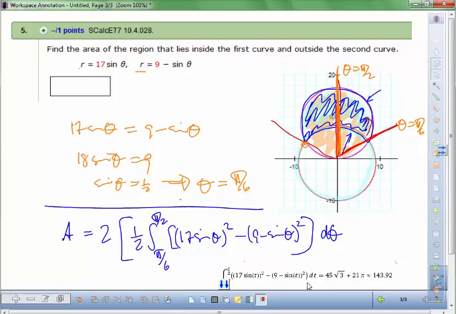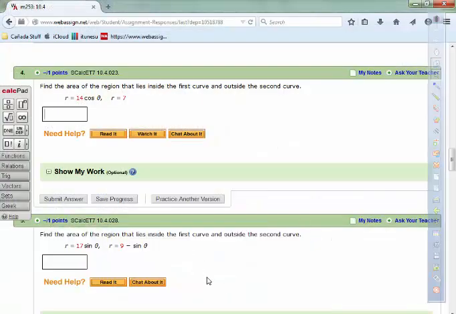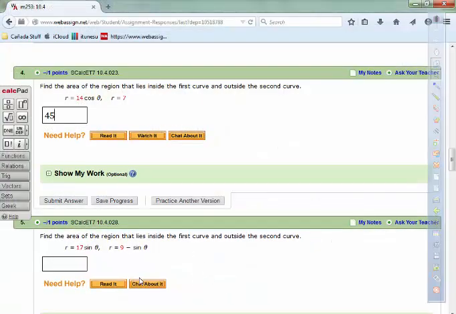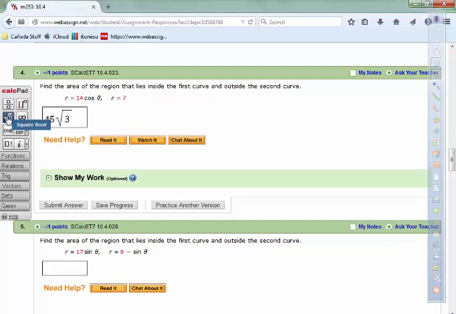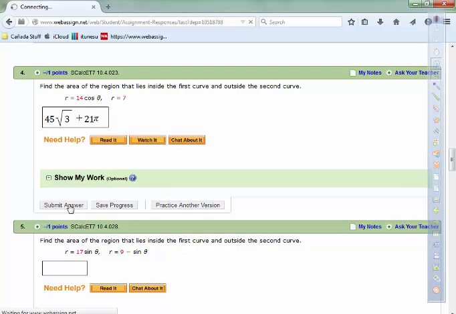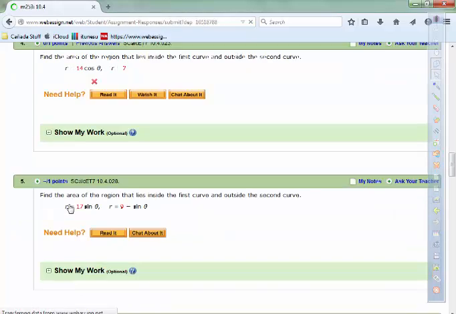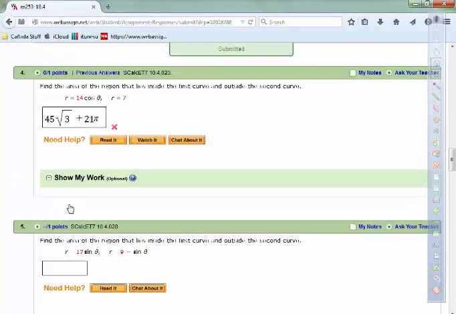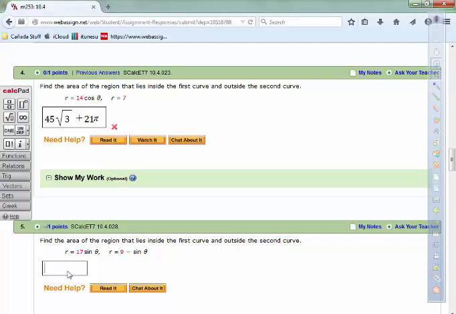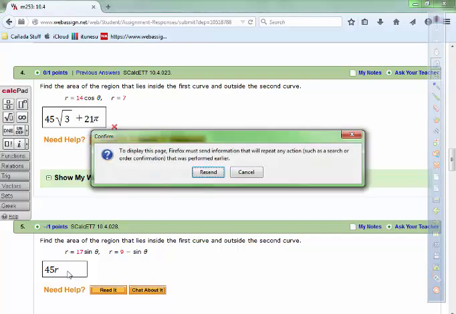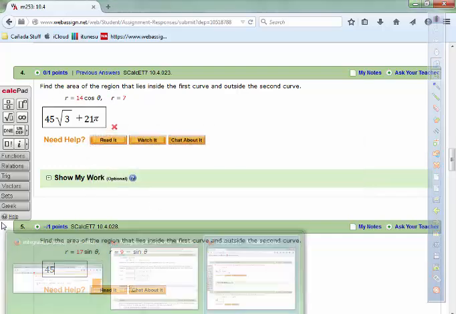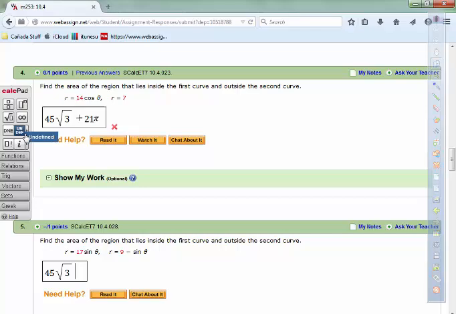Suppose we should check to make sure that's right. And let's see. Root 3, 21 pi.